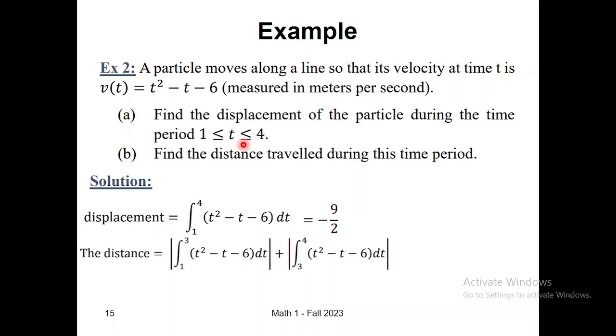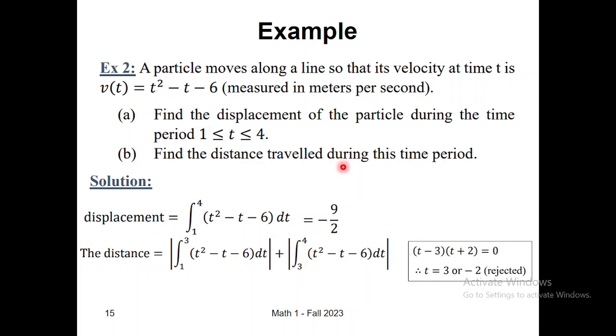You first have to find the intersection points with the time axis, the t-axis. If you consider the intersection points of this function, you will find that you have a single intersection point within this interval from 1 up to 4, which is 3. So we have to integrate from 1 up to 3, and then from 3 up to 4, and then add the results with absolute value.